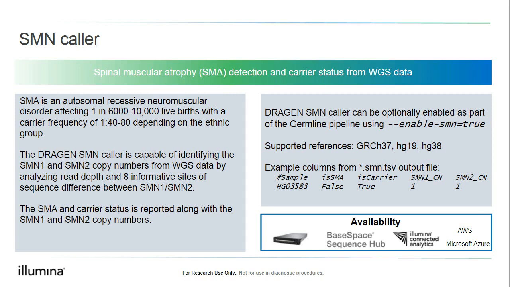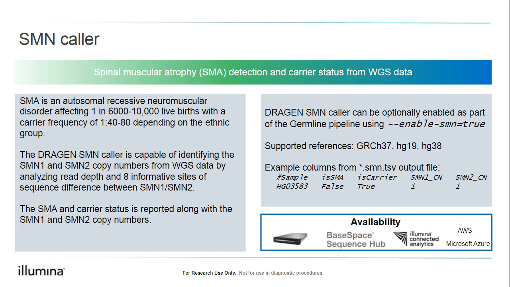So the DRAGEN SMN caller now is capable of identifying the SMN1, SMN2 copy numbers from whole genome data. But also in this release, we are bringing in the option to provide carrier status for that. So the SMA and the carrier status is reported with the SMN1 and SMN2 copy numbers.